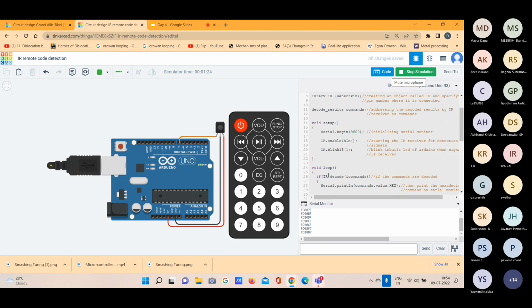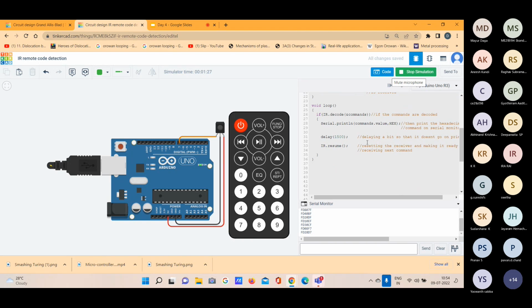Okay, so what if I remove this delay? So when you print it, it prints this many times F. This means that the IR receiver is still holding the code which corresponds to the hexadecimal value of 2.